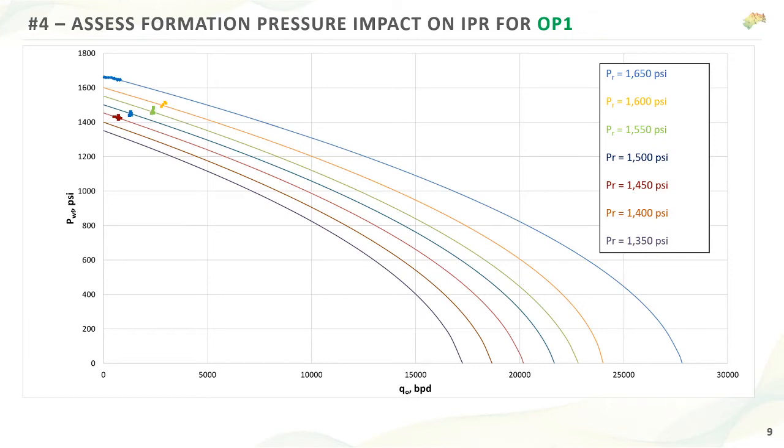Right, so on this plot you can see the theoretical Vogel curves, which we tried to fit on these colored points, which are in fact rates with the different formation pressures.